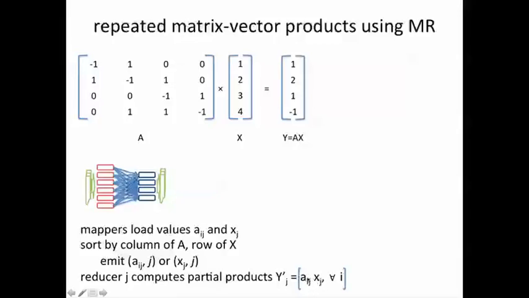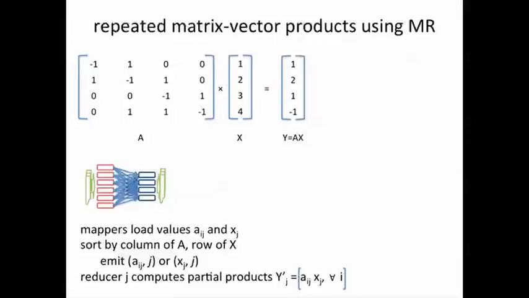It just multiplies them up for every I. In other words, if j is equal to 1, the jth reducer will compute minus 1 times 1, 1 times 1, 0 times 1, and so on. So it will compute everything for this column multiplied by the first element of X. Similarly, reducer number 2 will compute all the multiplications of the second column with the second row of X, and so on.